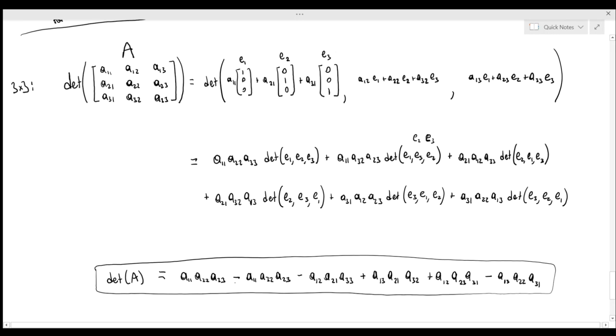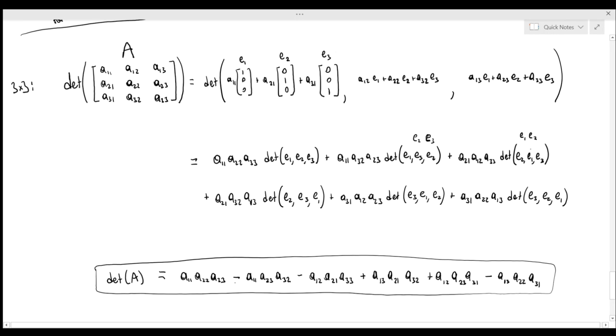I'm also going to swap the 2, 3, and 2, though this isn't a big deal. Then looking at this one, if I swap E1 and E2 once, then it becomes an identity.